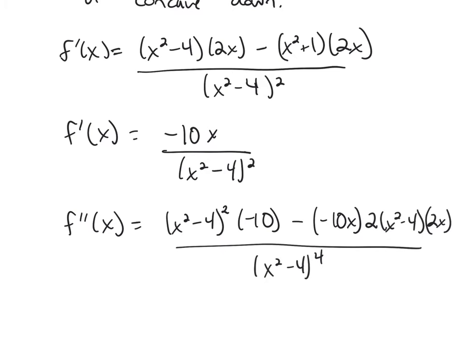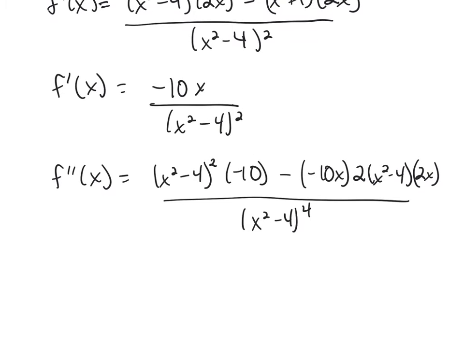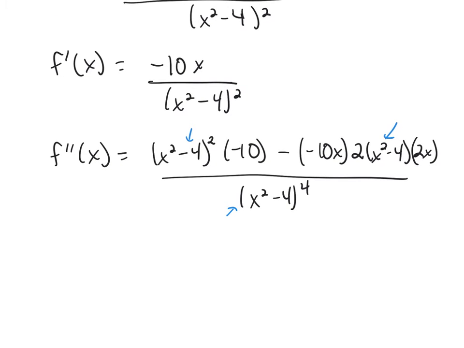And if I notice, all of my terms have an x squared minus 4 in them. Every term in the numerator and denominator. So I can factor one out of the top and cancel with one of them in the bottom. So I'm going to have one copy left here. Let's go ahead and make minus minus a positive.